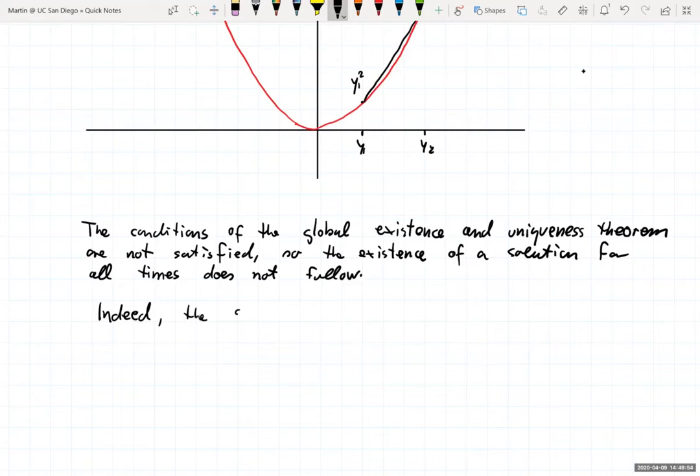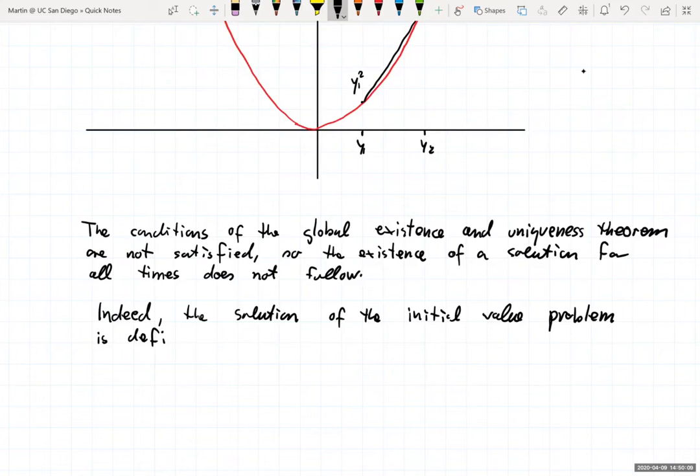Indeed, the solution of the initial value problem is defined only for a finite amount of time before it blows up.